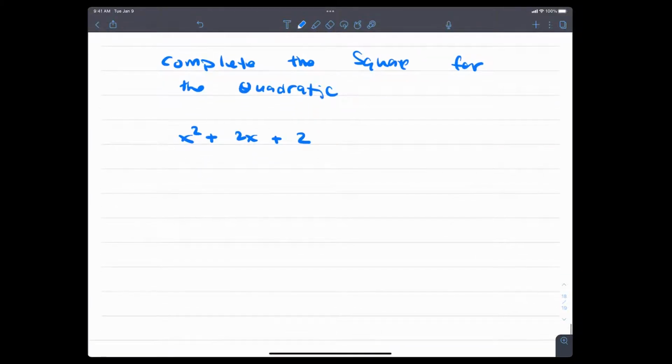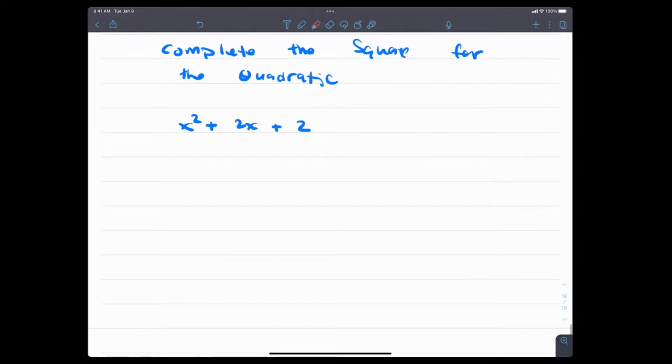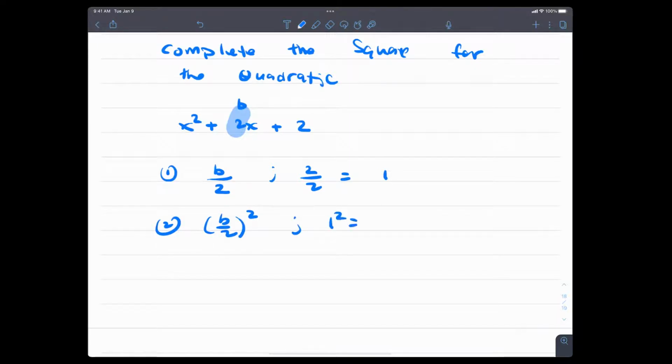You're going to look at the b term. The b term is right here. So step 1, for completing the square, take half of b. So 2 over 2 equals what? 1. Step 2, take that term and square it. So 1 squared is also 1.